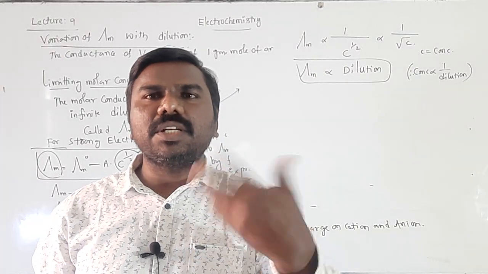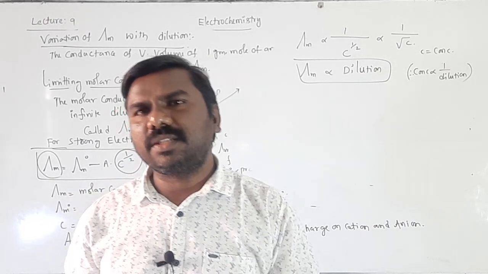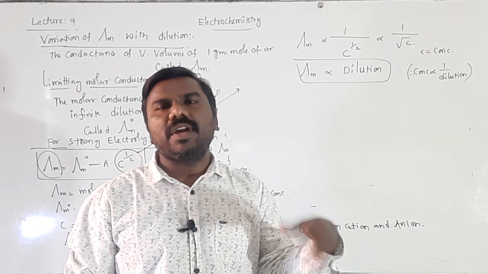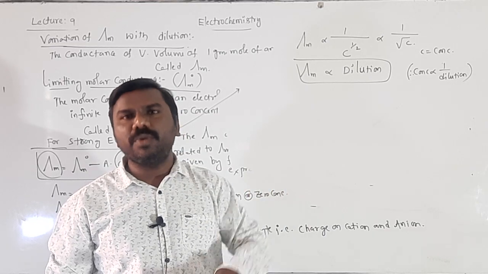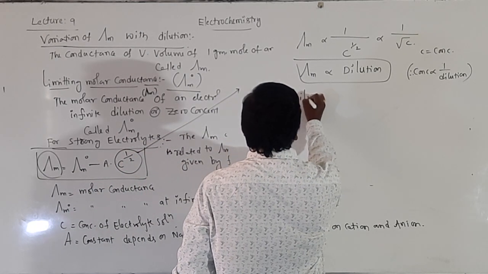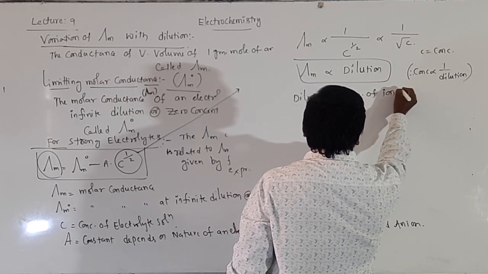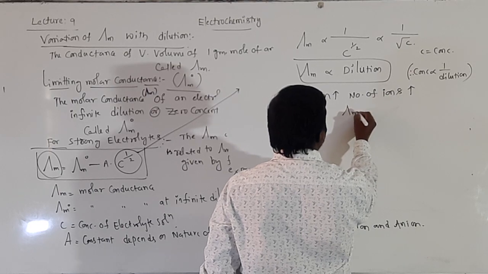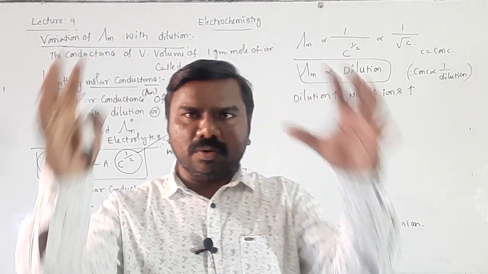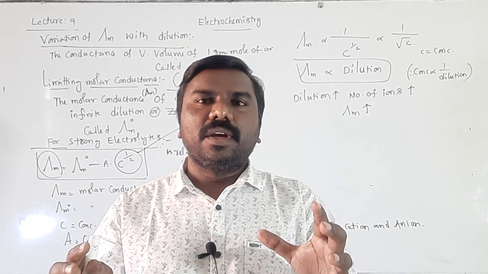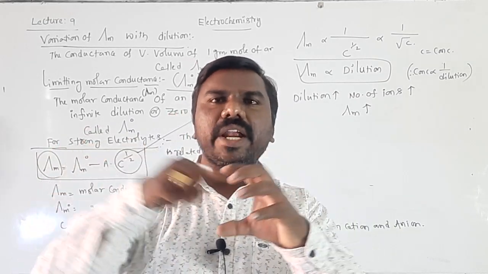Understood? Dilution increases, number of ions formed increases, obviously. In the V volume, say 9 units of volume, dilution increases, the number of ions increases, molar conductivity increases. When water addition increases, the total 9 boxes of V volume have the same ions, but water collides with the salt.